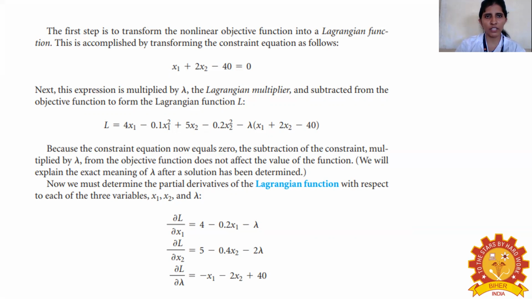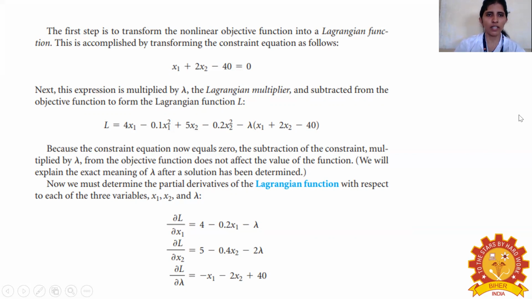This is accomplished by transforming the constraint equation as follows: x1 plus 2x2 minus 40 is equal to 0. We bring the 40 to the left hand side, and next we multiply this constraint by lambda and subtract it from the objective function. So L is equal to 4x1 minus 0.1 x1 squared plus 5x2 minus 0.2 x2 squared minus the Lagrangian multiplier times the constraint.